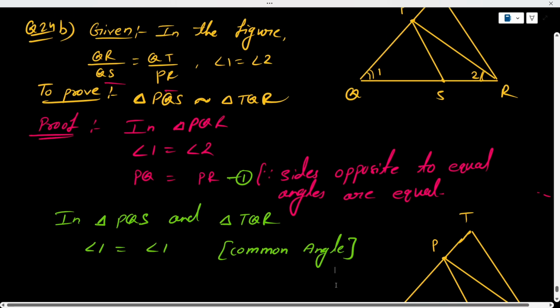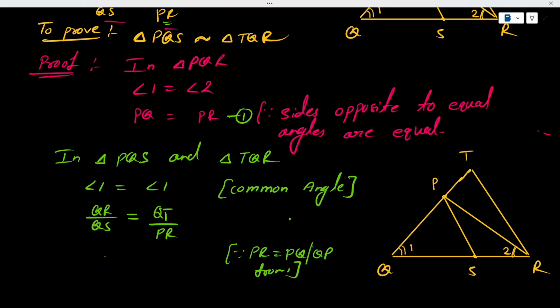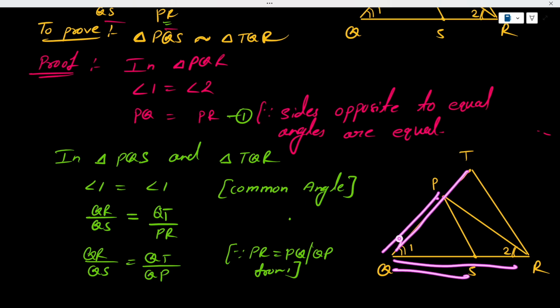From 1, since QP is equal to PR, you can write PR is equal to PQ, or QP, from 1. Then you can substitute: QR by QS is equal to QT by QP. Now we already got it here. If you see the ratio, QT by QP is equal to QR by QS, and angle 1 is common. So using SAS similarity, we can say that both the triangles are similar.